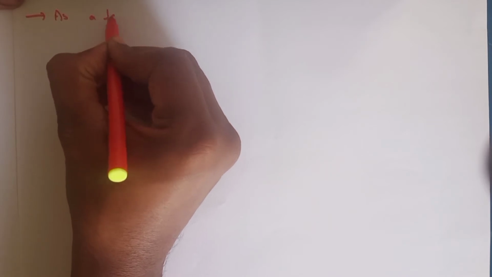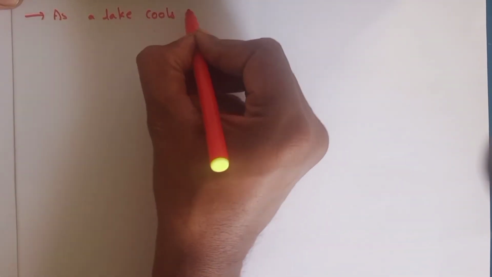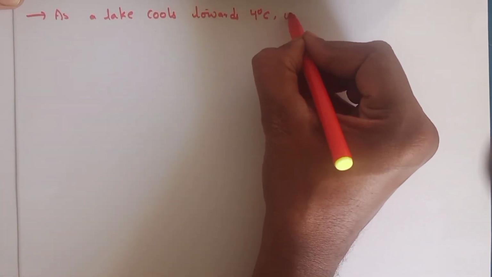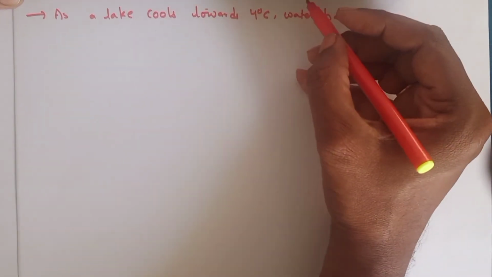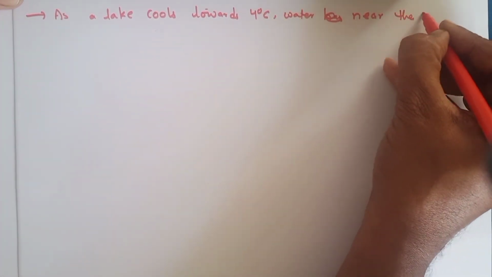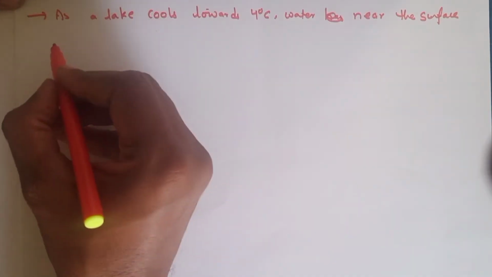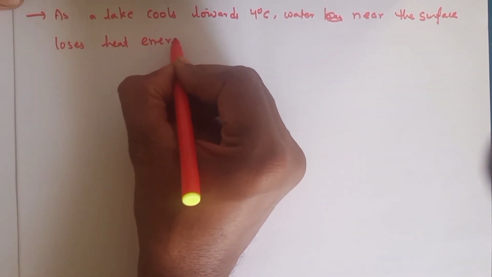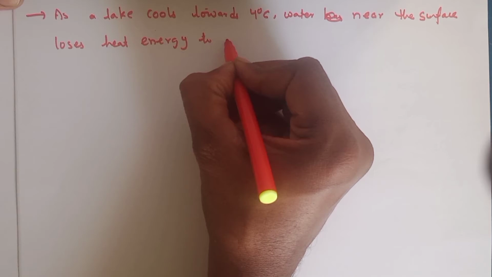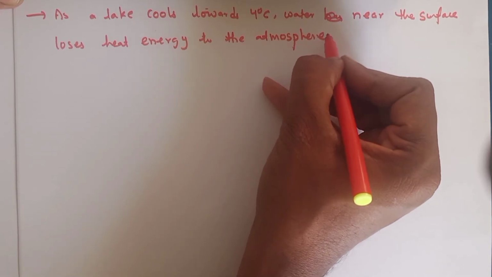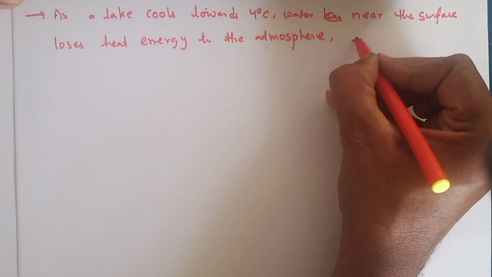Now, as a lake cools towards 4 degrees centigrade, water near the surface loses heat energy to the atmosphere. And what happens? It becomes denser.